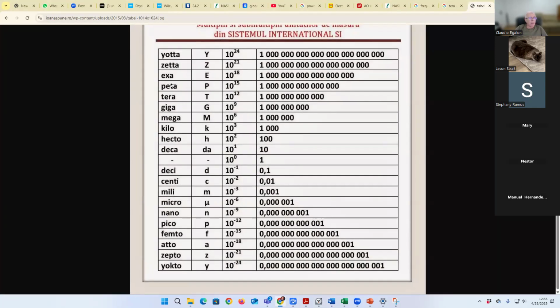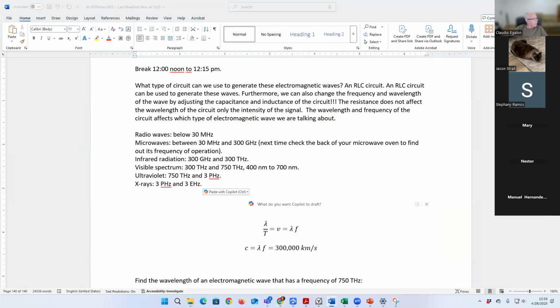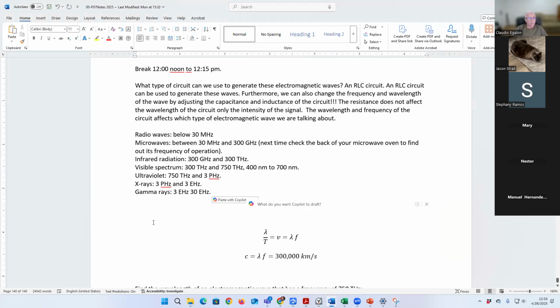Deca, penta, peta, not penta, peta, exahertz. Kilo, mega, giga, tera, peta, exa, zeta, iota. Okay? And finally, gamma rays, 3 etahertz to 30 etahertz.